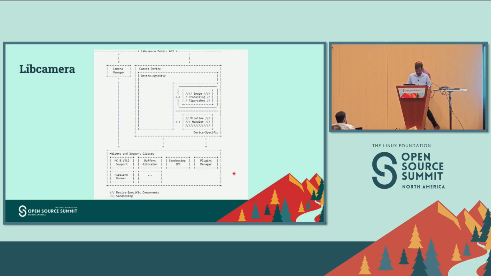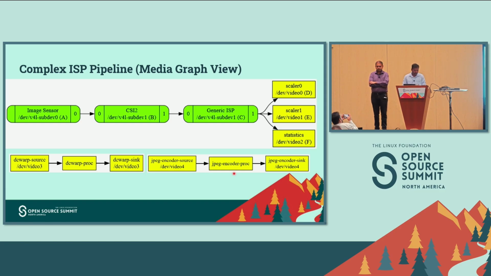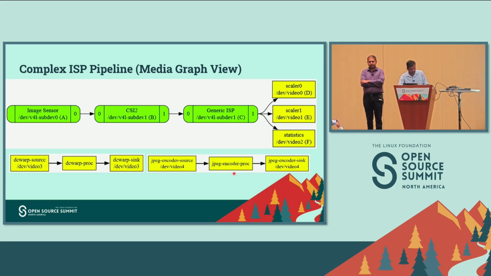Yeah. So back in the days when the camera was a simple V4L2 device, we didn't need to manage this many complex nodes. For example, as shown in the diagram, there are so many nodes connected here, from the CSI to generic ISP to scalars, and then the post-processing like dewarp and JPEG. We didn't need to deal with this many node topology.